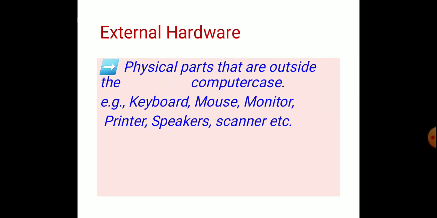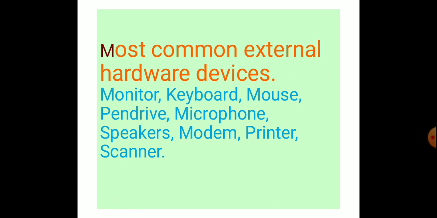The external hardware are the physical parts that are outside the computer case. Most commonly used external hardware devices are monitor, keyboard, mouse, pen drive, microphone, speakers, modem, printer and scanner.